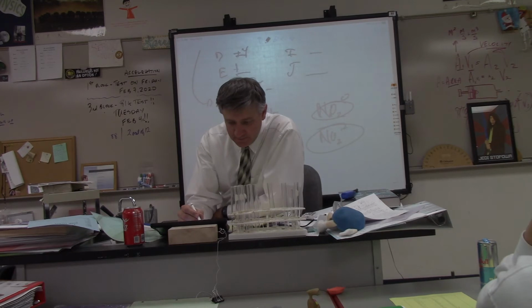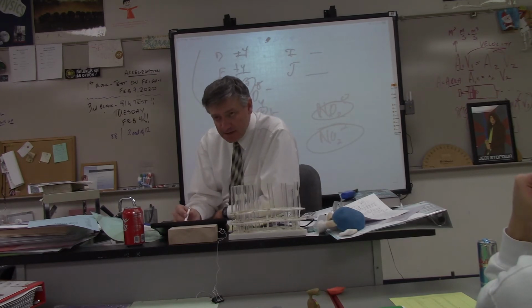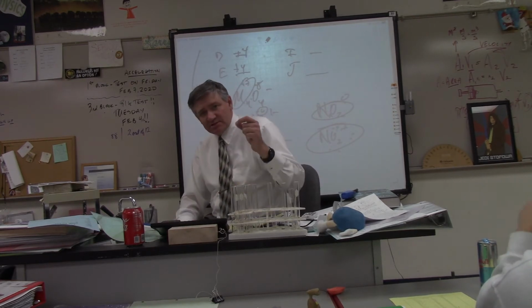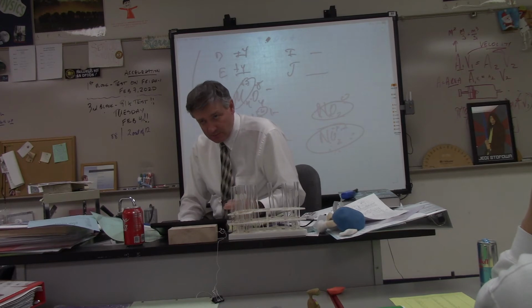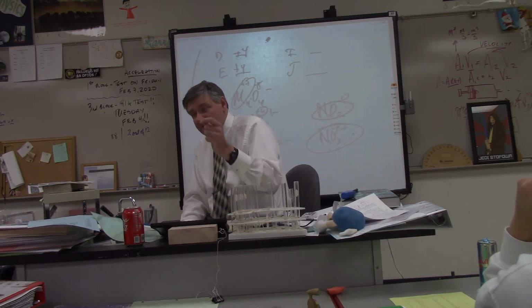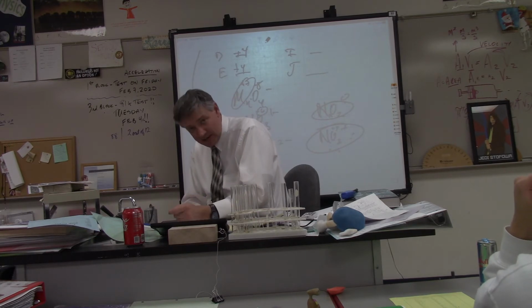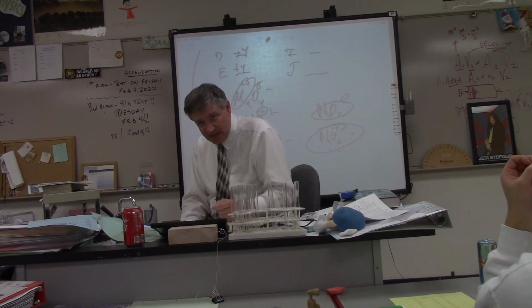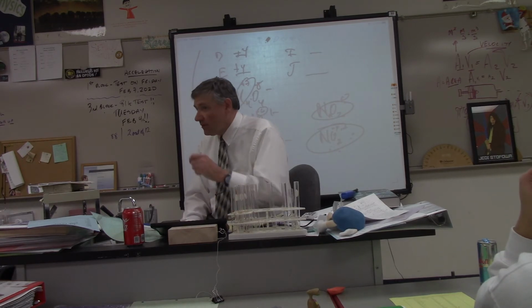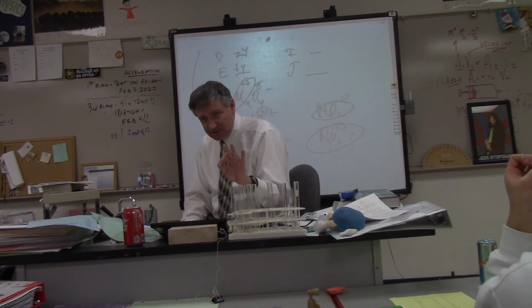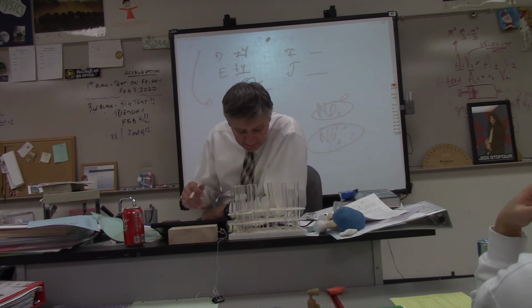Plus 4. Now, if it's nitrite, NO2 1 minus, oxygen is still -4, but in that situation, the nitrogen would be 3 plus. Okay? So that's why you have to keep track of, is it NO2, nitrogen dioxide, or is it NO2 with the charge of 1 minus, which is a polyatomic anion.